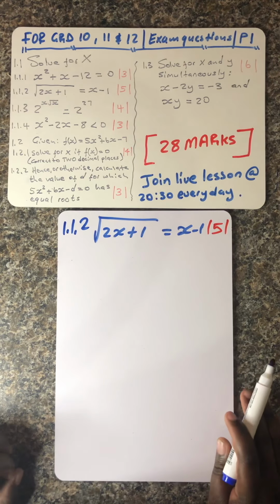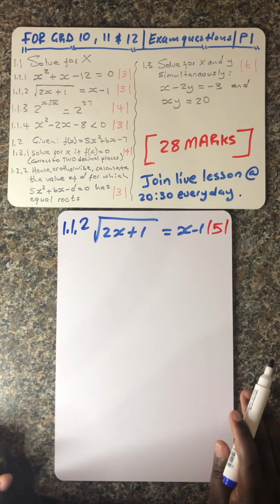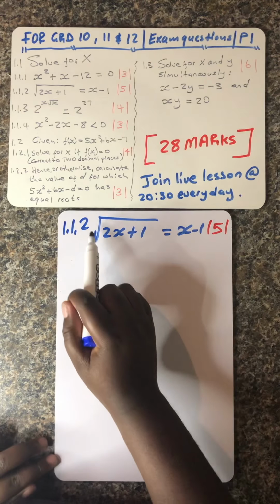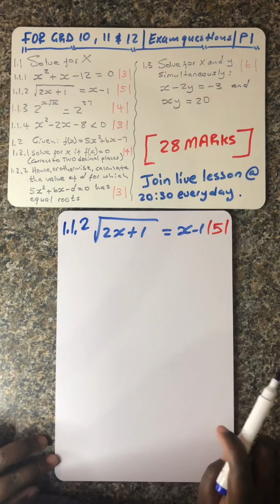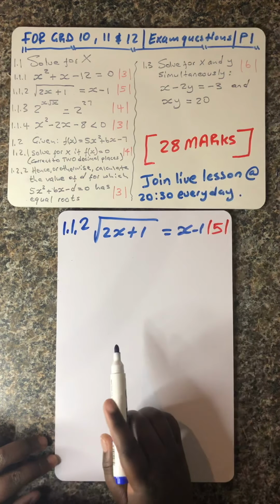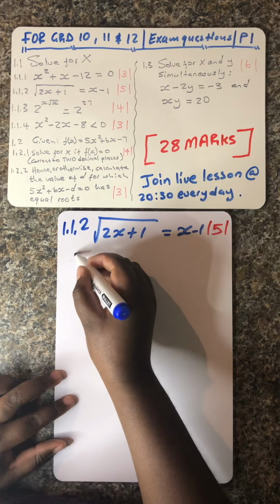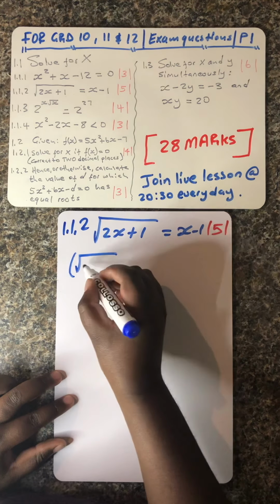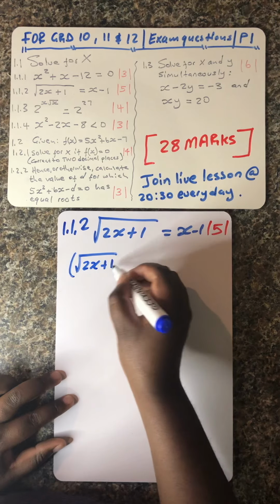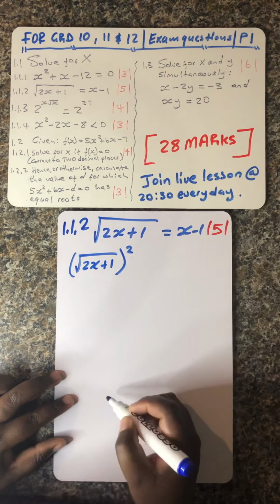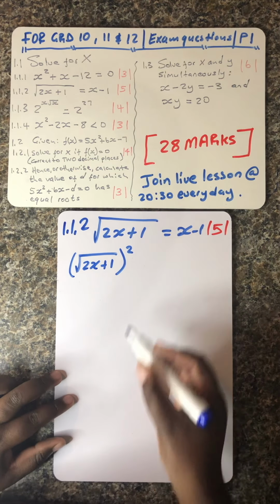So guys, with this kind of equation where you've got a square root, the first thing that you need to do is to remove that square root. And this is how you remove a square root. You introduce a square on both sides. By that square, that's how you remove the square root.